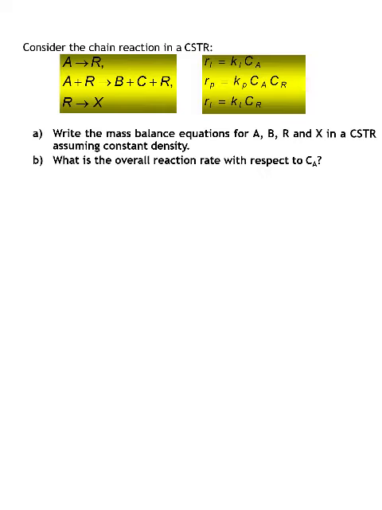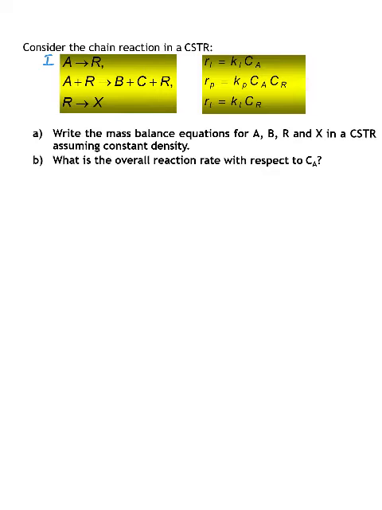If you look at the mechanism, the first step is the reaction of reactant to produce radical species. Therefore, the reaction is the initiation step. So you can write here as I, initiation step. The second step produces the products B and C, and also another radical.